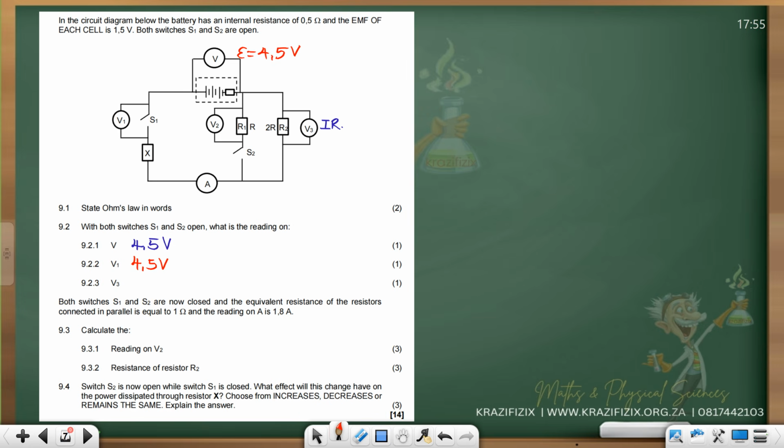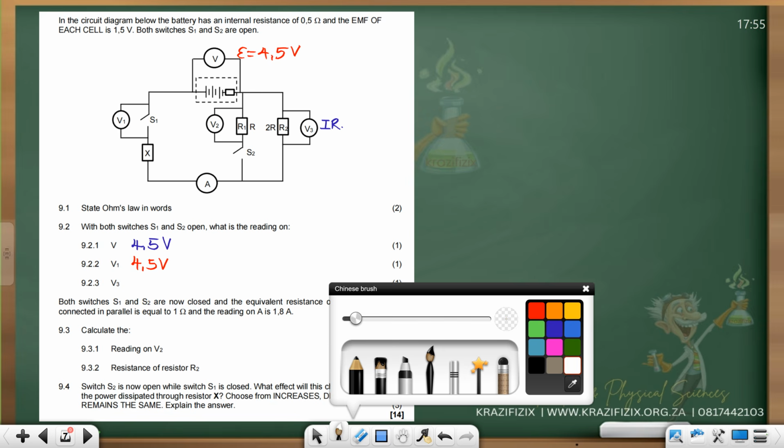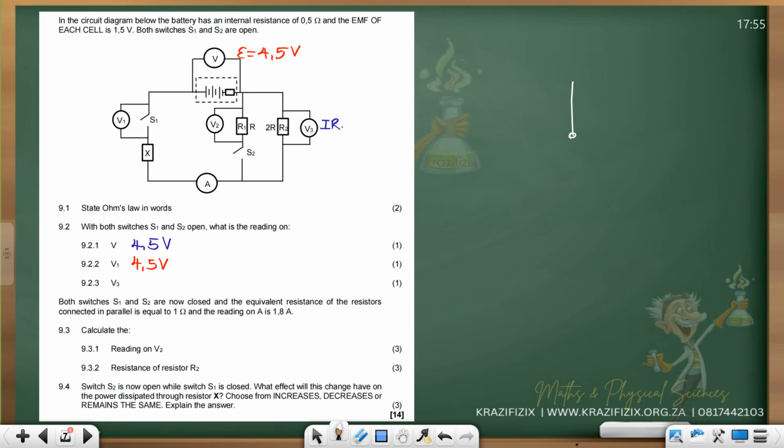But when the switch is closed, it will measure 0. Please take note. When the switch is closed, the potential difference there will be what? 0. Closed switch, V equals to 0. Why is V 0? There's no resistance, so it's not doing any work. If they tell you that the conducting wire has a resistance, you add it to the external resistance.